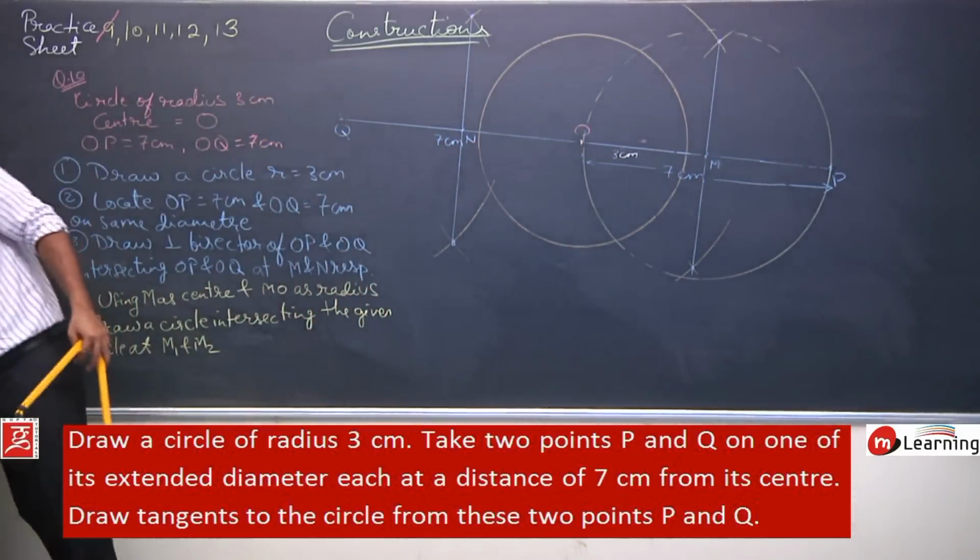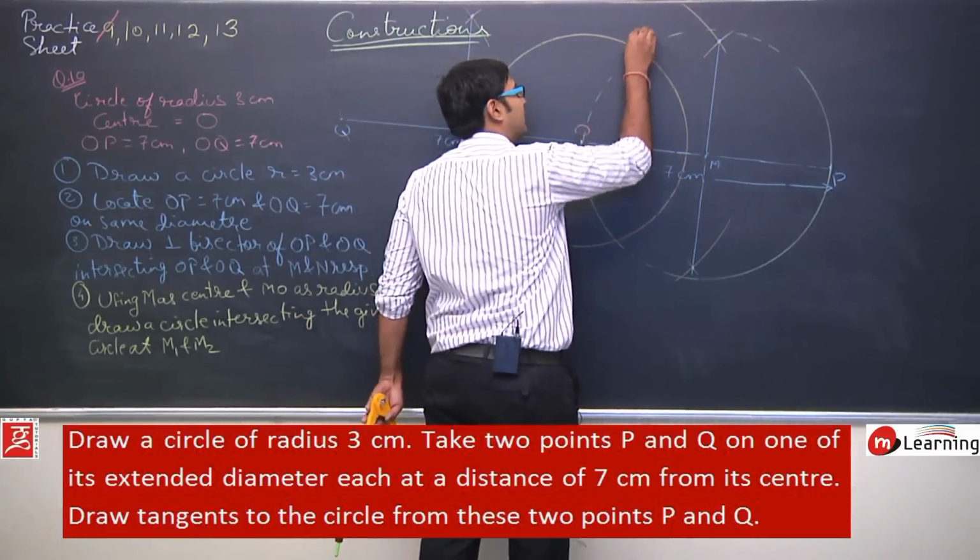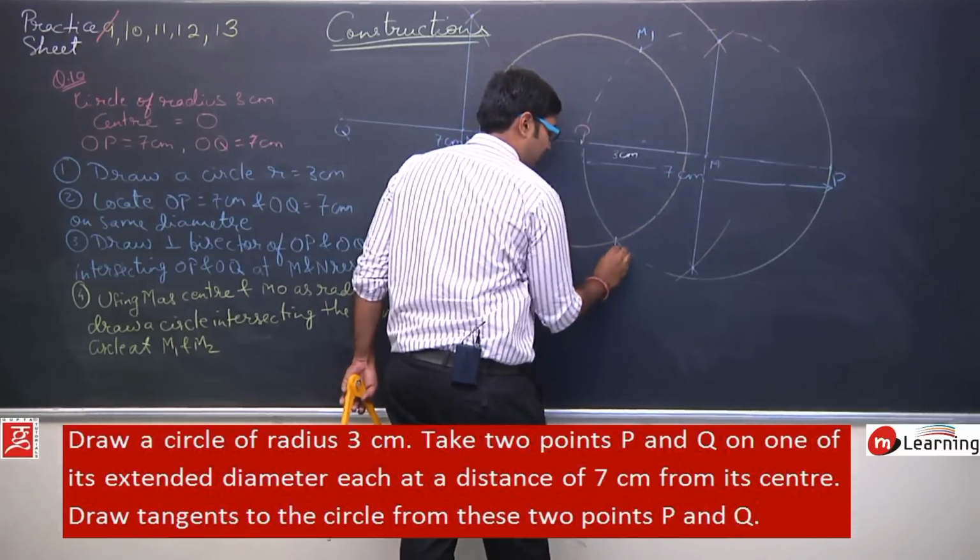Now, this circle is intersecting the given circle at point M1 and point M2.